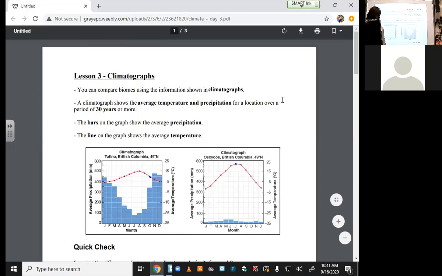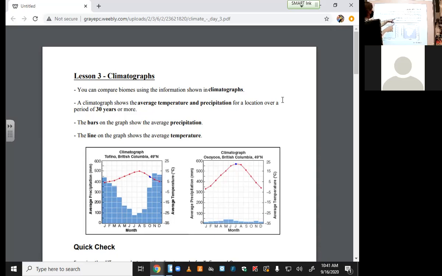They show you the average precipitation and the average temperature. I'm pretty sure temperature is the red line, and the bars are precipitation. So this is British Columbia, where the line shows that seasonal change and a very low average precipitation.